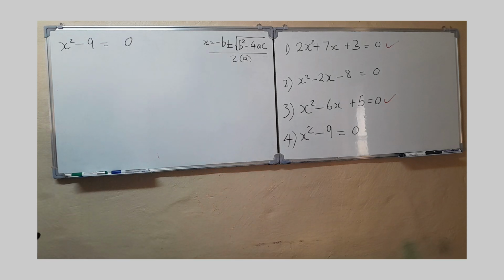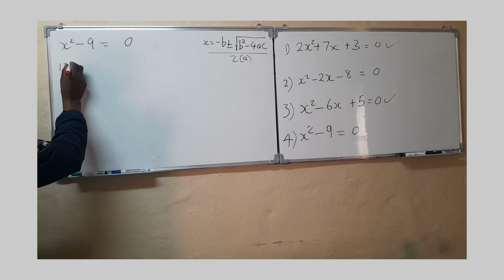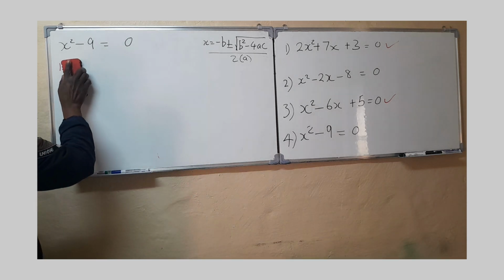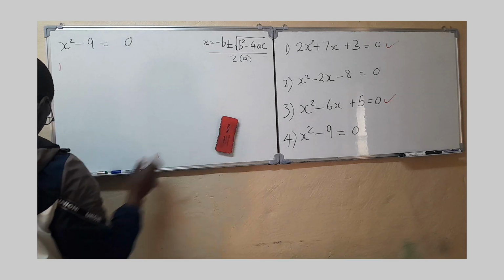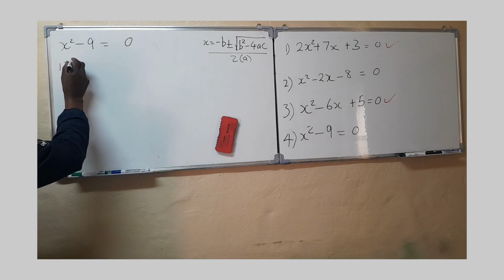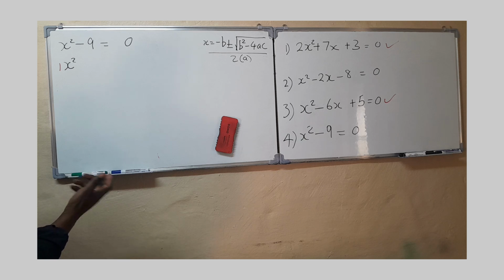Okay, let's write it in the way we have been writing everybody else. So this is 1 multiplying our x squared. So x squared is multiplied by 1. Do we have a term in x? No. So what must we do?